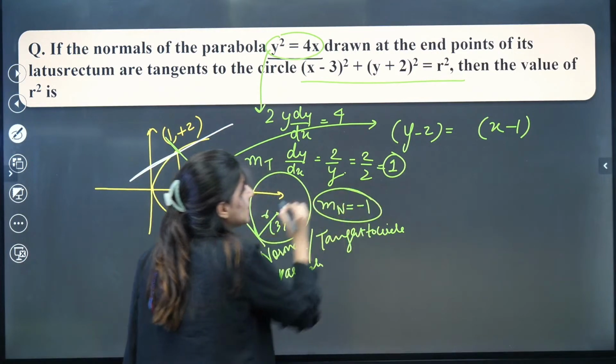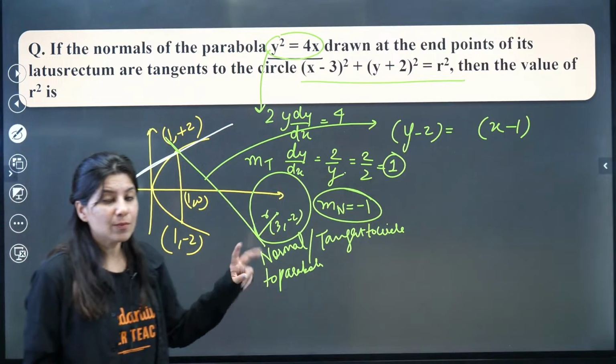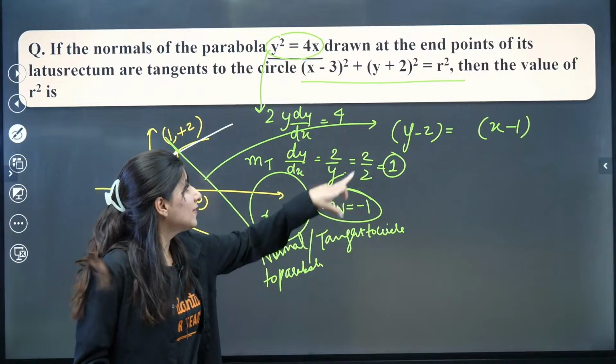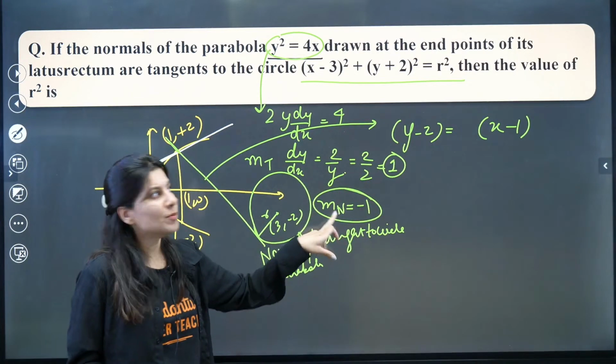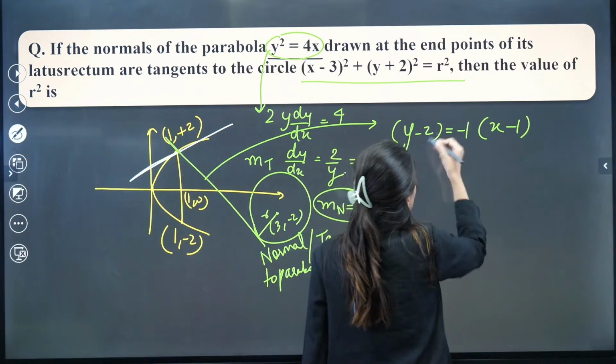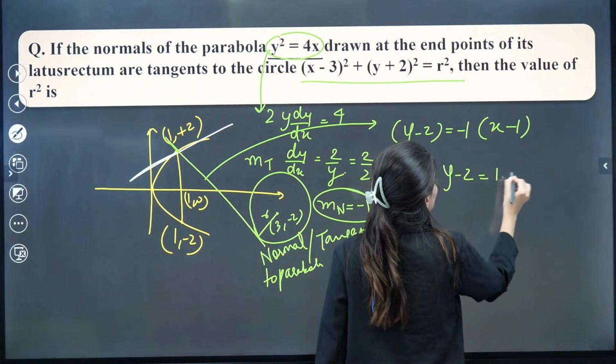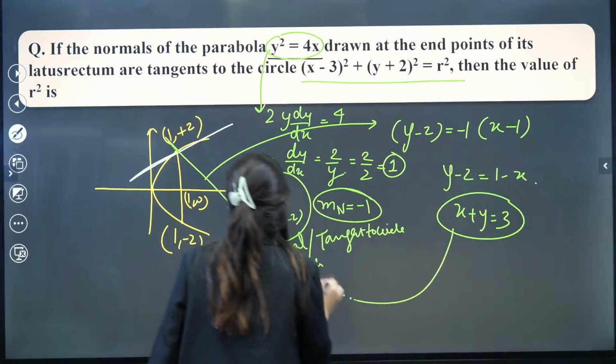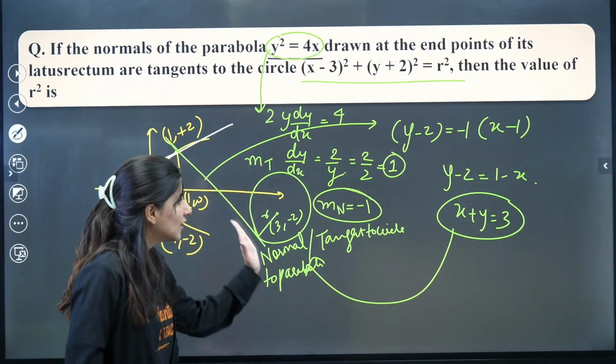The slope of normal will be the negative reciprocal of it, because these two are perpendicular to each other. Slope of tangent is 1, slope of normal will be minus 1. So this is the line. Now y minus 2 is equal to 1 minus x. So x plus y is equal to 3 is the equation of this particular line.